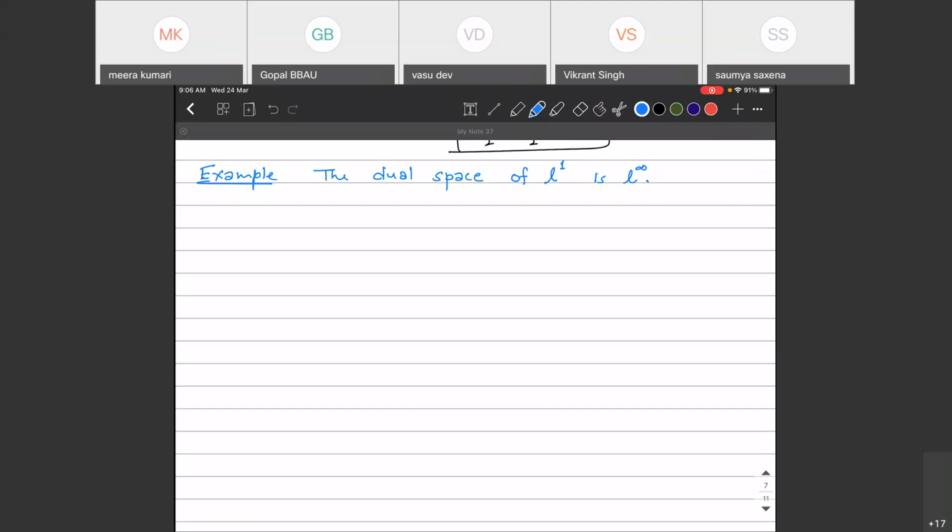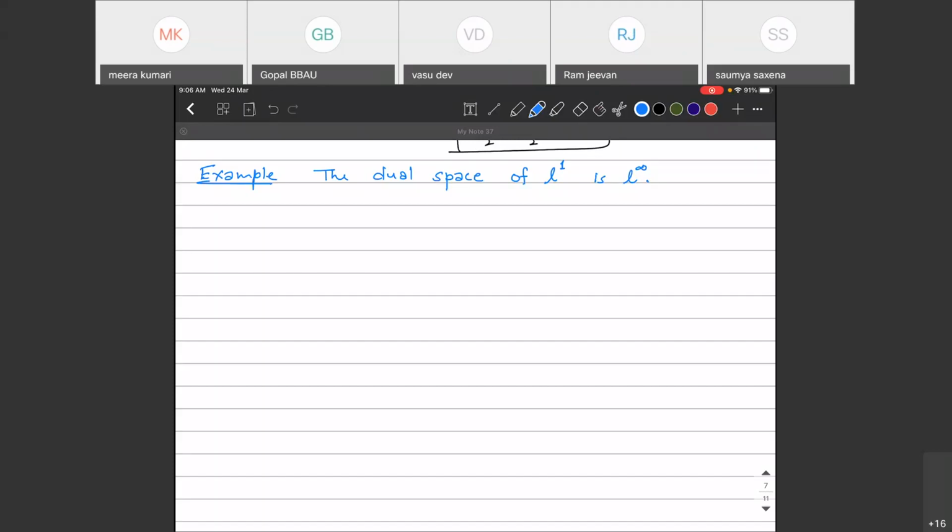Neetu Rawat? Could you please recall this? What is L1 and what is L infinity?